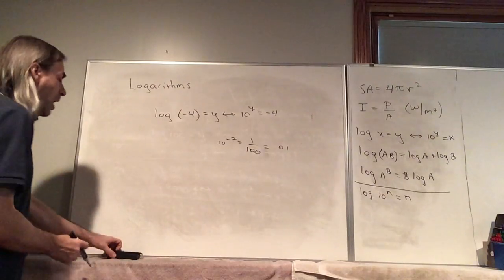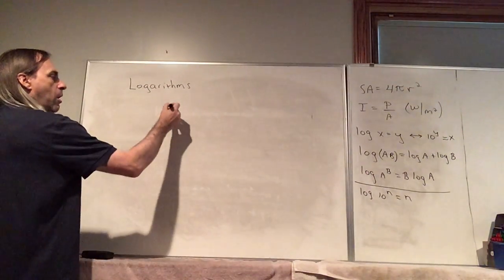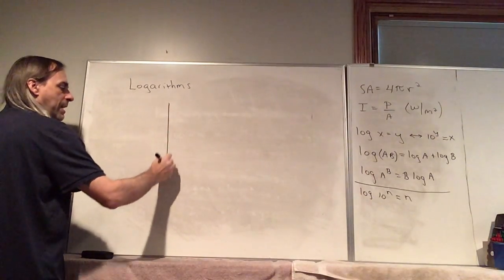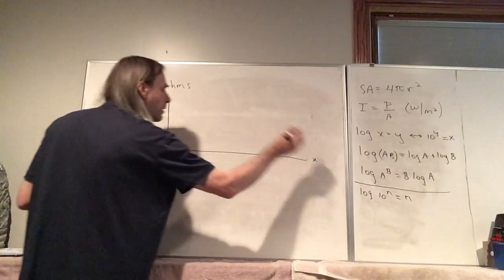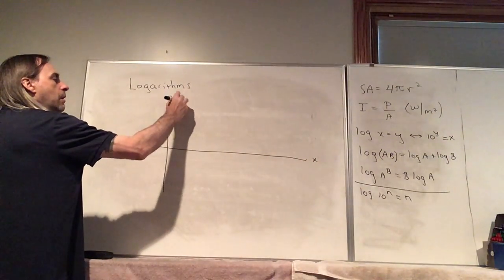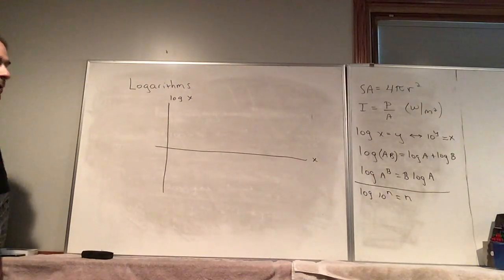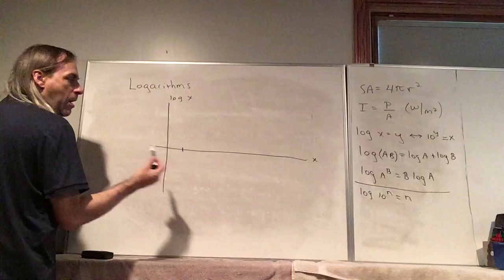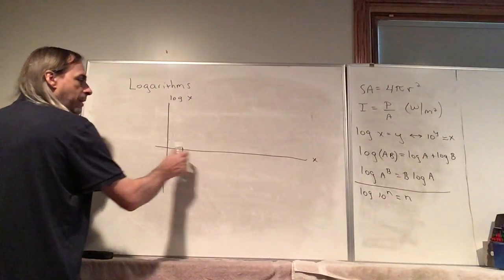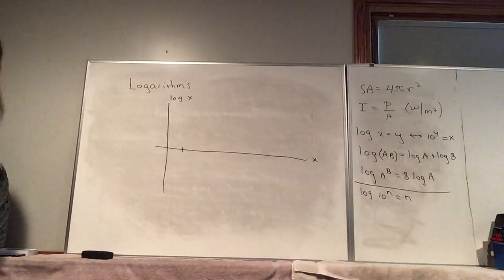So, one more thing. Let's plot the logarithmic function, like a base 10 logarithm. So let's say we have x and logarithm of x. Now it's hard to fit this on scale, but let's put the number 1 here. See, the problem is, if this is 1, then 10 is way over here, and 100 is way off the board.